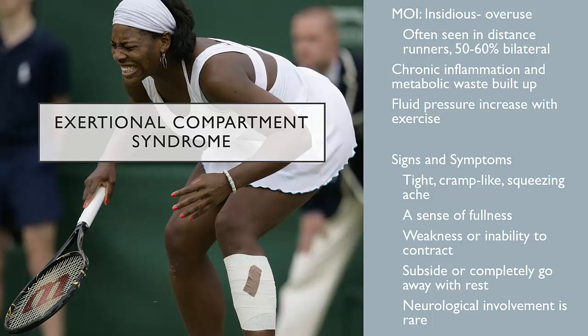There is a fluid pressure increase that occurs with exercise. Signs and symptoms will include a tight, cramp-like squeezing aching sensation, a sensation of fullness, weakness, or an inability to contract. These signs and symptoms typically subside or completely go away with rest, and neurological involvement is typically rare.